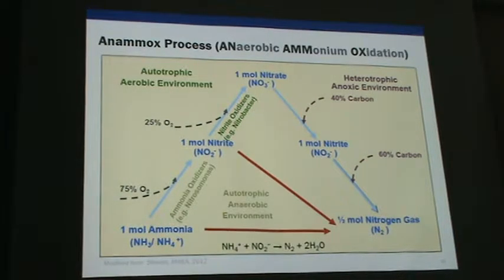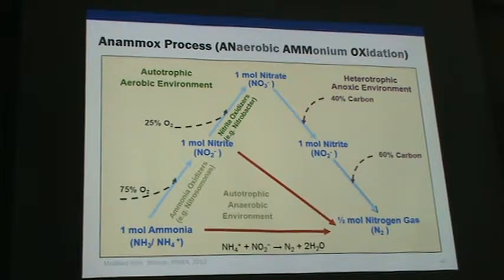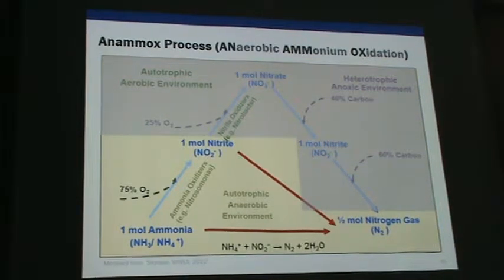technology. The sort of rage today is the use of Anammox bacteria. It's an acronym formed from the full name anaerobic ammonium oxidation, which is the process that they implement. What it is, is that you operate a system with alternating aerobic and anaerobic environments.